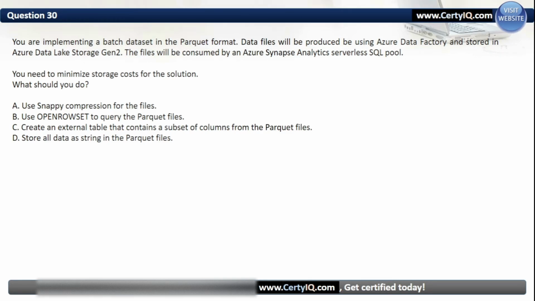Our options are A. Use snappy compression for the files. B. Use OPENROWSET to query the Parquet files. C. Create an external table that contains a subset of columns from the Parquet files. Or D. Store all data as string in the Parquet files. The correct option is A. Use snappy compression for the files.